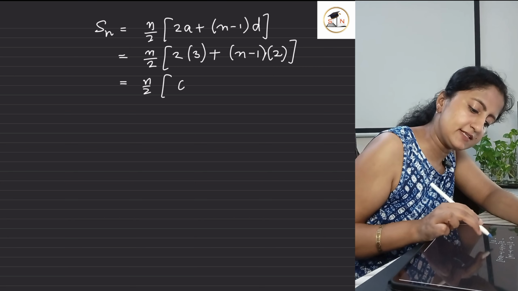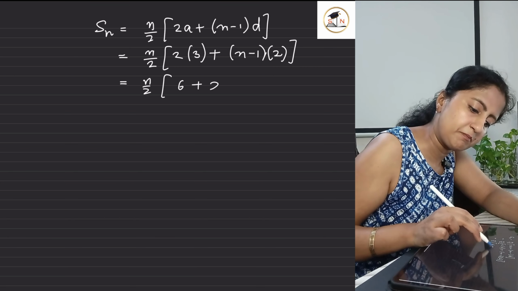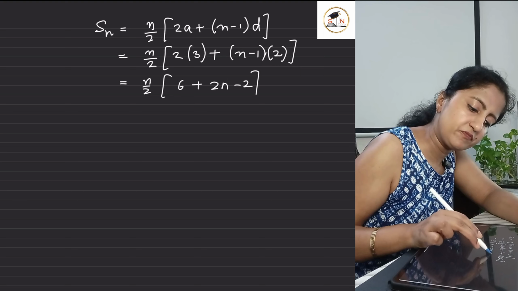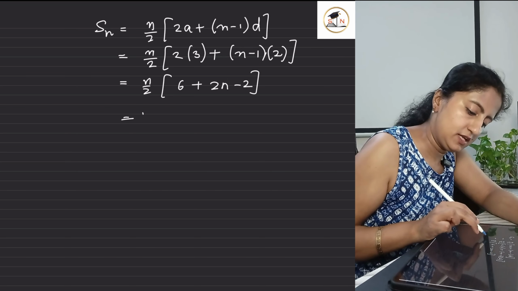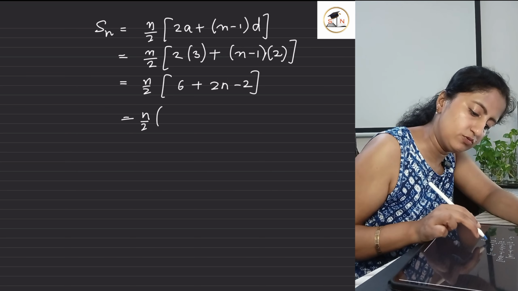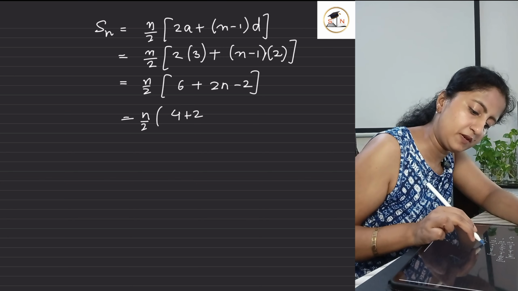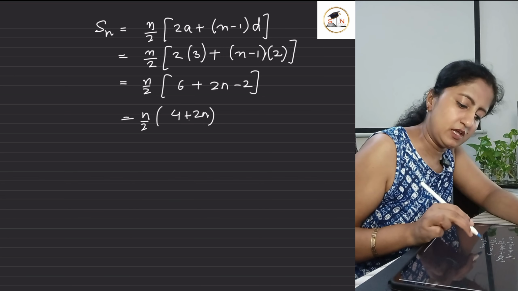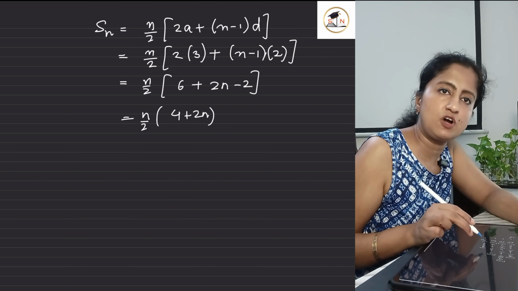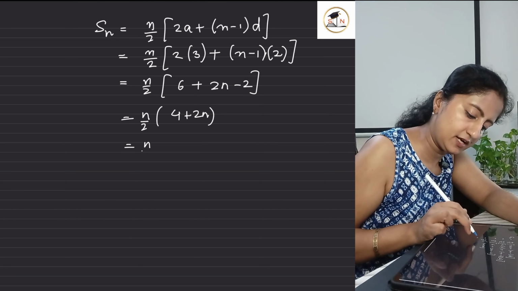N by 2 remains as it is. It becomes 6 plus 2n minus 2 inside, and this gives me n by 2 bracket 4 plus 2n. I can see we have 2 as a common factor in the bracket, which I will take out.